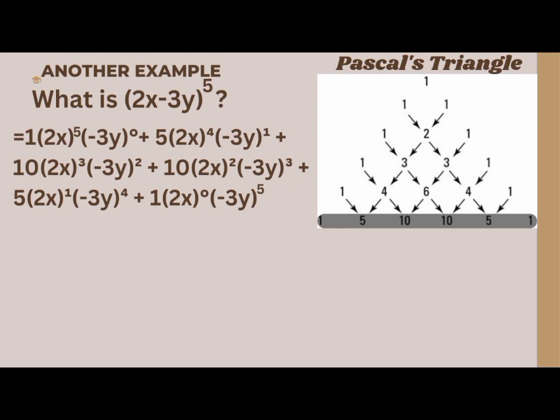1 times 2x raised to the power of 5 times negative 3y to the power of 0, plus 5 times 2x to the power of 4 times negative 3y to the power of 1, plus 10 times 2x to the power of 3 times negative 3y raised to the power of 2, plus 10 times 2x squared times negative 3y cubed, plus 5 times 2x to the power of 1 times negative 3y to the power of 4, plus 1 times 2x raised to the power of 0 times negative 3y to the power of 5.